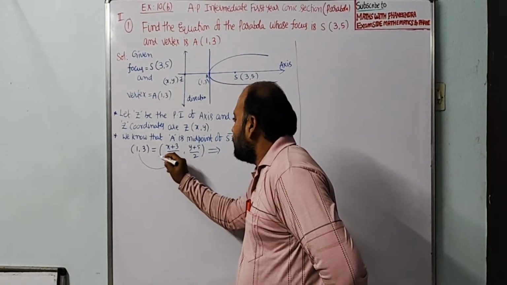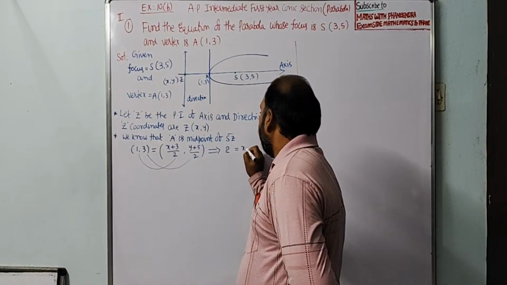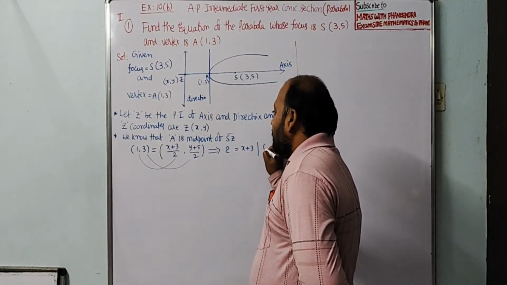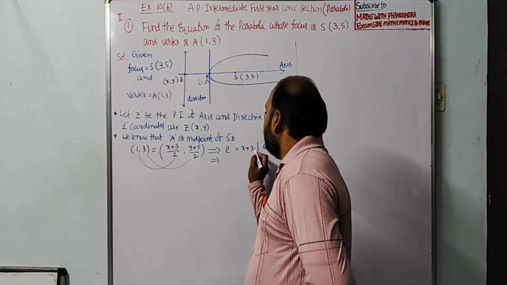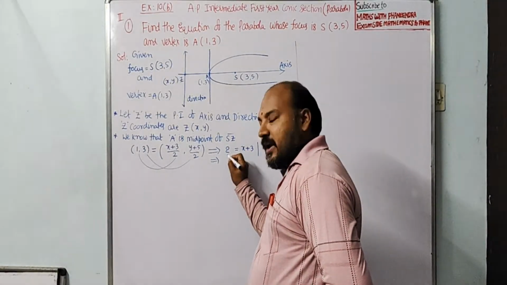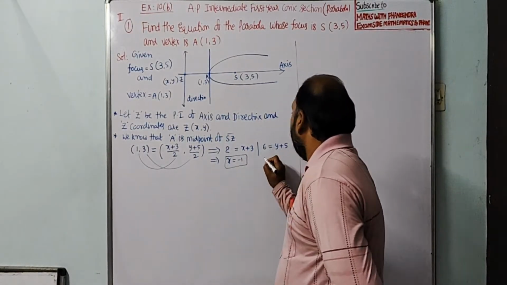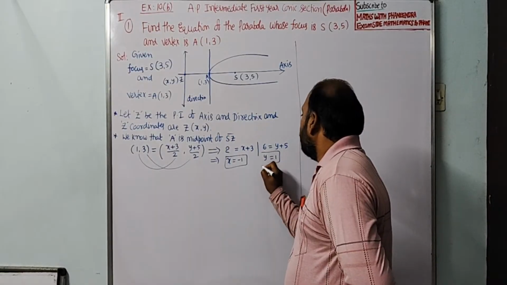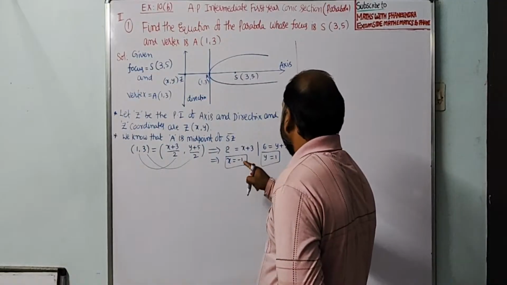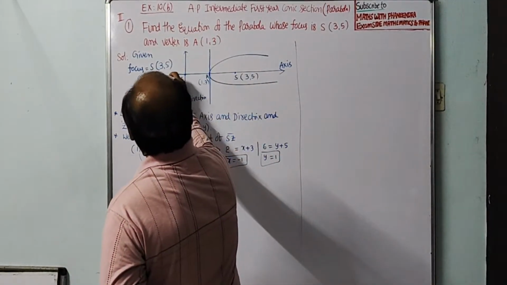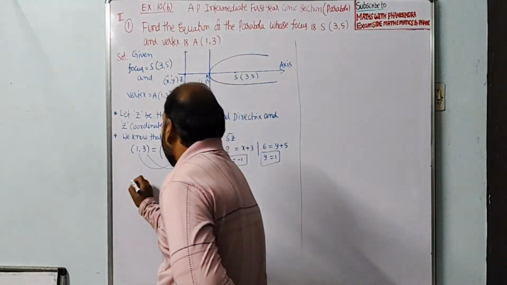Comparing x coordinates and y coordinates: 2 = x + 3, 6 = y + 5. That implies x = 2 - 3 = -1, y = 1. So we got the coordinates of Z as (-1, 1).